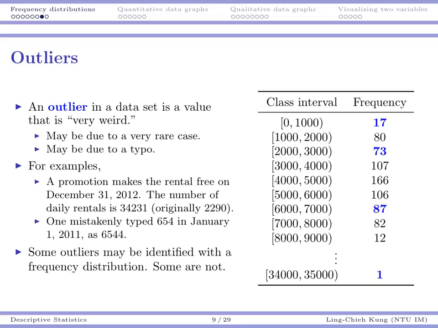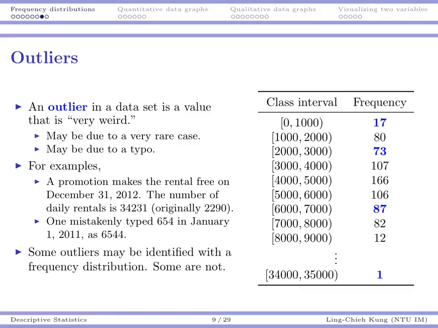Also suppose that when the officer was typing this data set, or suppose it was typed instead of collected automatically by a system, there was a mistake that turned 654 into 6544. Suppose that's the case, then our grouped frequency distribution would become this.